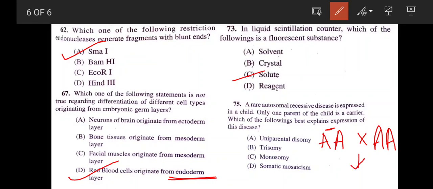To become the diseased person, the child needs 2 a alleles. But there is only 1 a, so obviously the child did not get the other allele from the father or the mother. So there is only 1 allele, and that allele is responsible for manifestation of the disease. So it is a clear case of monosomy. Okay, so the correct answer is option C, monosomy.